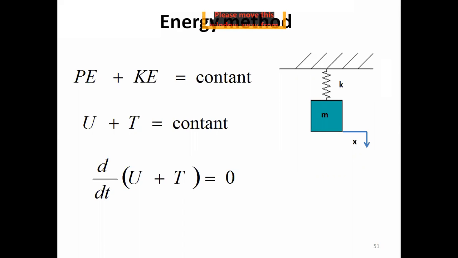Let's say we have a spring mass system, there is no damping, so you are not seeing the damper. If the system is vibrating, it is moving, then the system would have energy. It would have kinetic energy, and it would have potential energy.